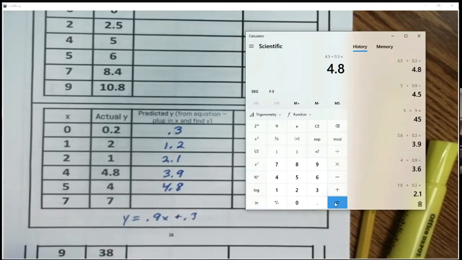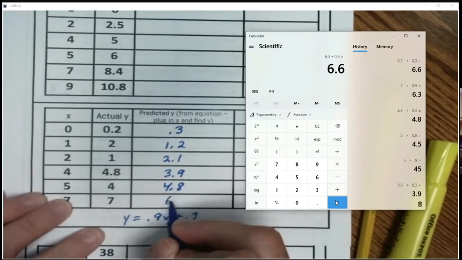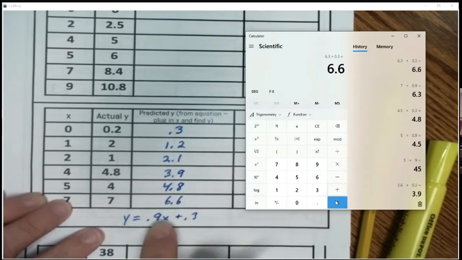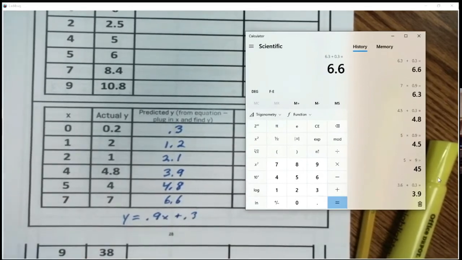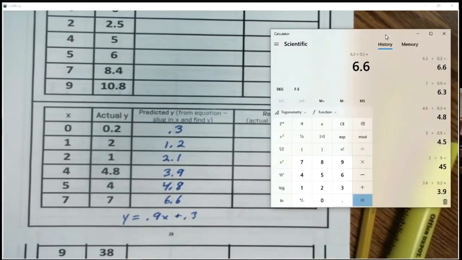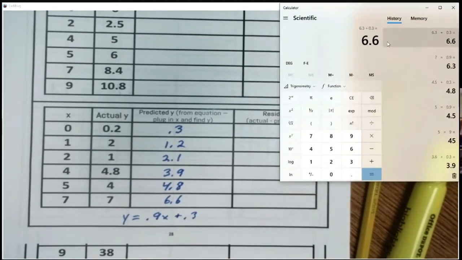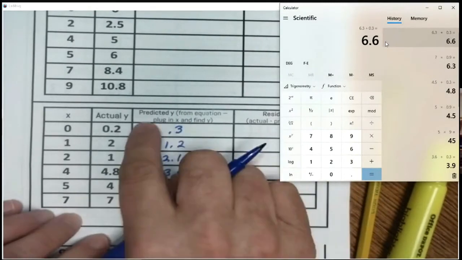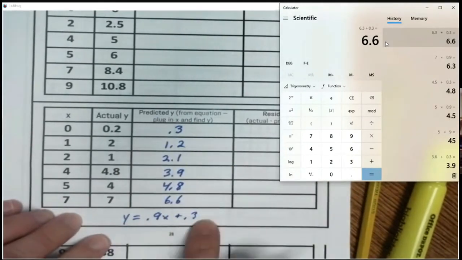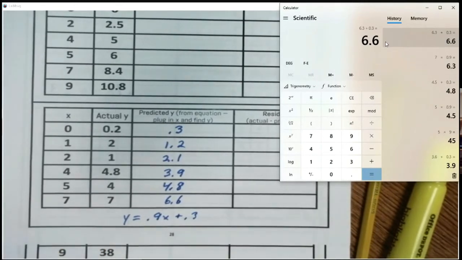And then finally, 7: 7 times 0.9 is 6.3, plus the 0.3. So this is using our regression equation. I'm going to leave that calculator up here for a few minutes. This is our predicted y using our regression line, using the equation for that line of best fit.